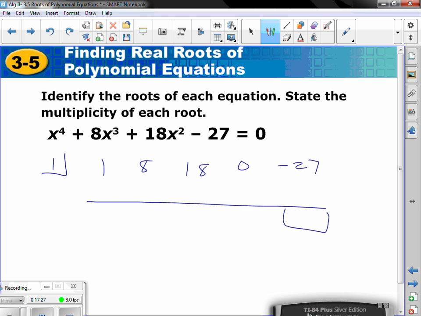All right. Bring down the 1. 1 times 1, 1. 9. 1 times 9 is 9. 18 plus 9, 27. 27. Because I need a filler because there's no x.